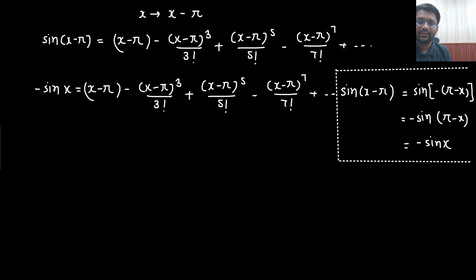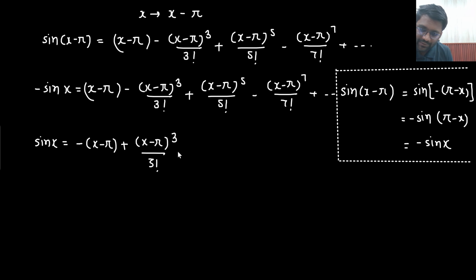So from here, can you write down sin x? This minus sign goes here, sir. I will be able to write down sin x as well. So sin x would become, this minus sign goes here, x minus pi plus x minus pi whole cube divided by 3 factorial, minus, plus, minus, plus.